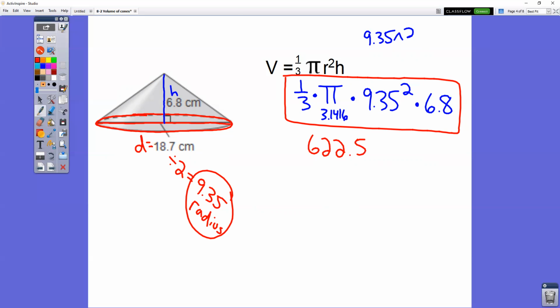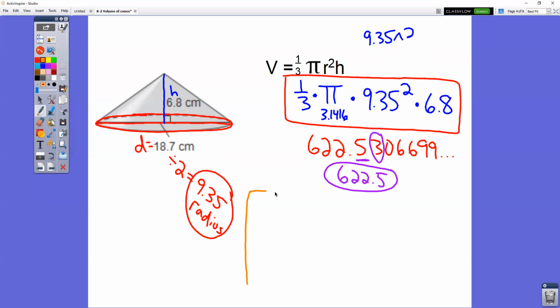Again, all of these are going to be big long decimal answers, because it keeps on going on forever. We're going to round it to the nearest tenth. The 5 is in the tenths place, so we need to look at the number after it. That number after it this time is 4 or lower, so this 5 stays the same. So we have 622.5.